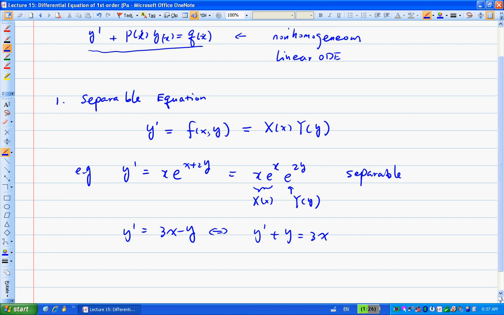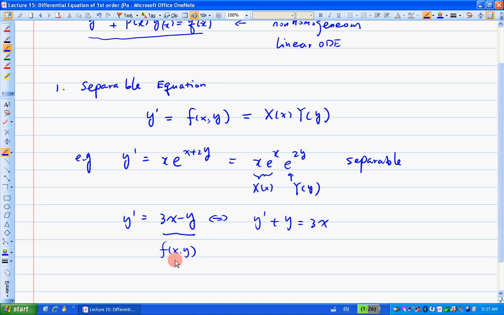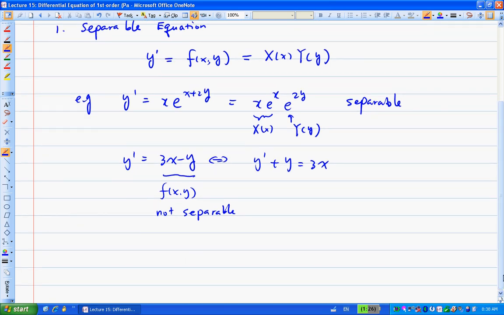However, here's your f of x, y, and in this case you can't separate it anymore. You can't separate it into a function of x multiplied by a function of y. So this one is separable, and this one is not separable. That's the difference here.